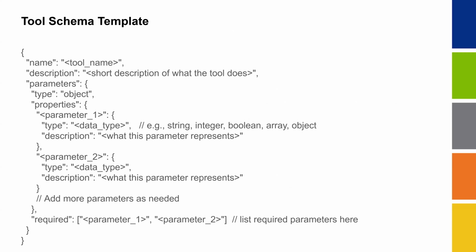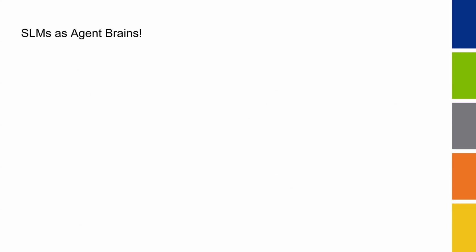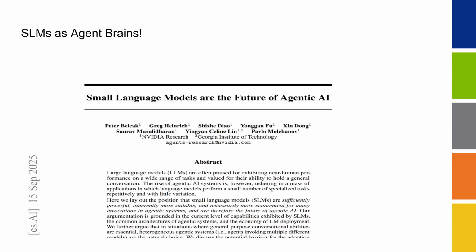It has name, description, parameters, properties, and there are required parameters enlisted as well. The required parameters must be passed through the tool to have the agent use it in a better way. So that's about the schema. This I spoke about just a few minutes ago, small language models as agent brains.